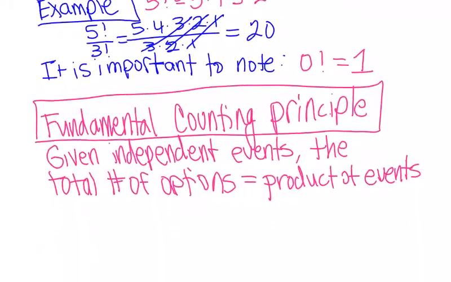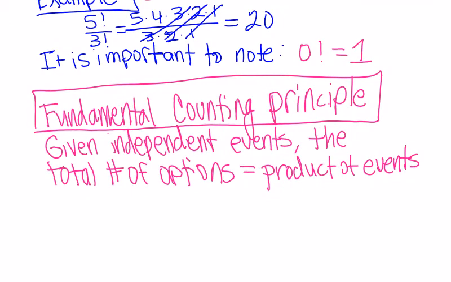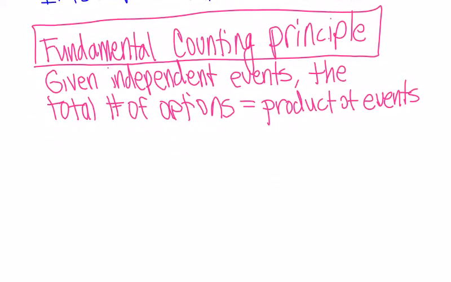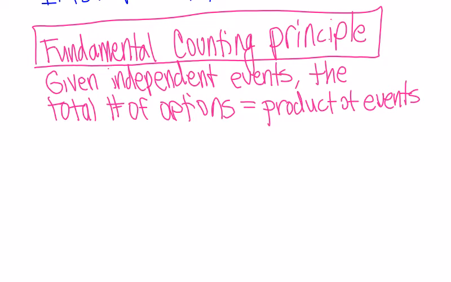So our next thing is looking at something called the fundamental counting principle. The fundamental counting principle says if we are given independent events, then the total number of options is equal to the product of those events.